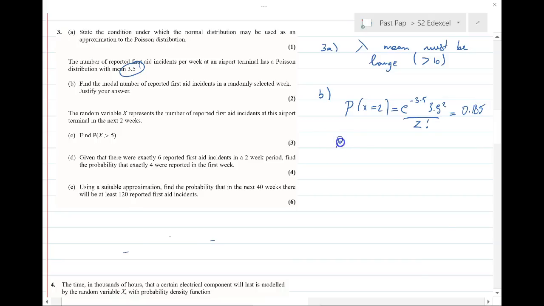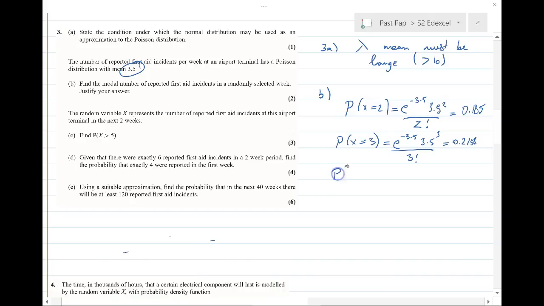And then the probability that x equals 3 is e to the minus 3.5 times 3.5 cubed over 3 factorial, and that comes to 0.2158.